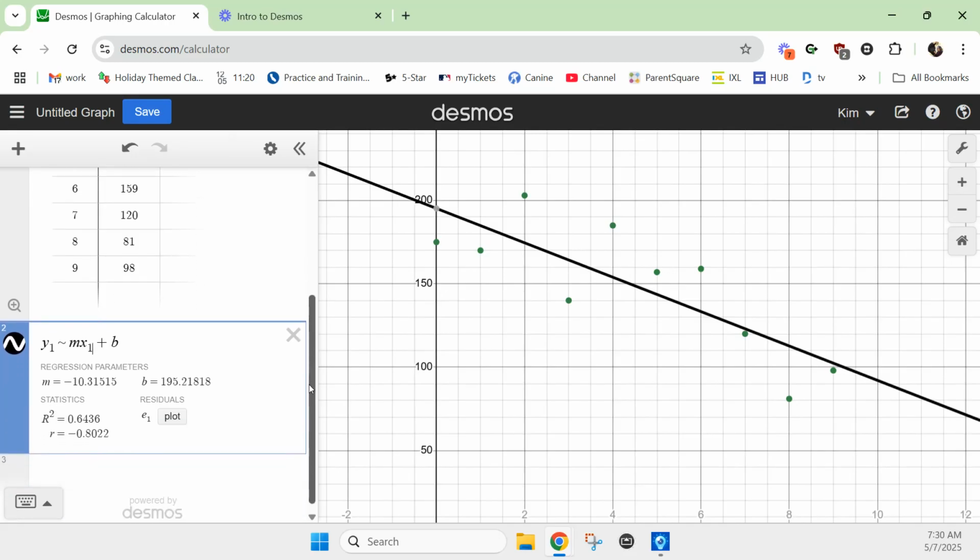So this is the line of best fit. It just gave us what M and B are. How am I going to do this? I have too many things all going on. Wonder if I could do this.